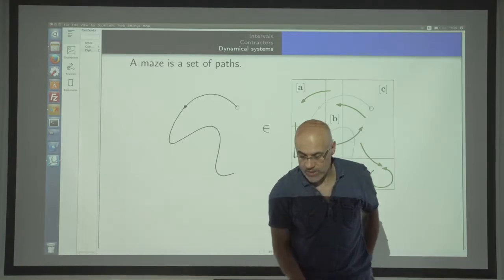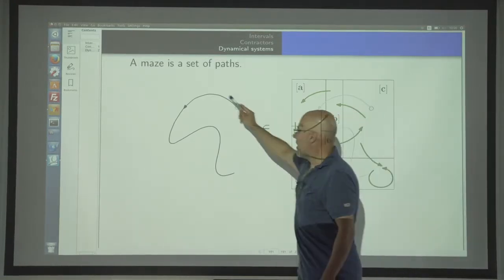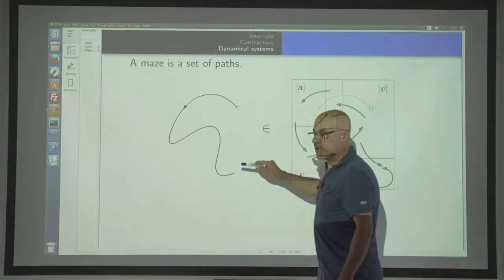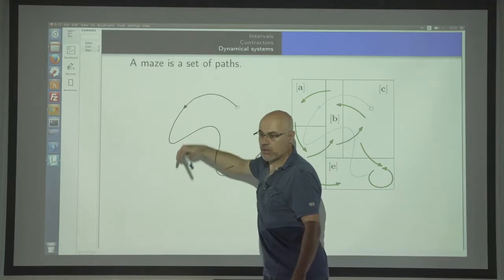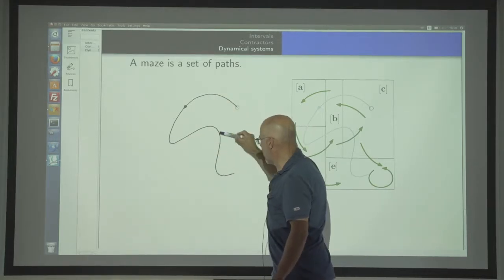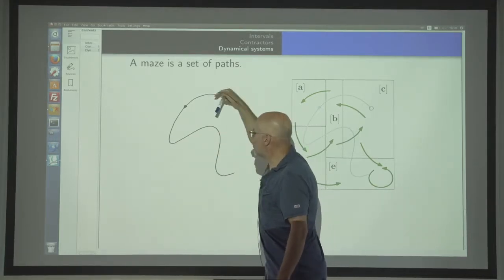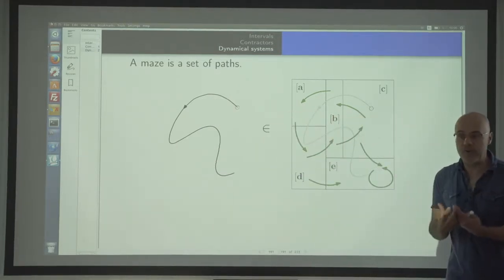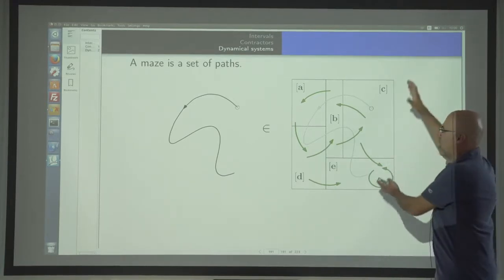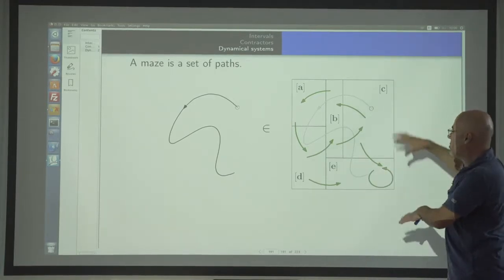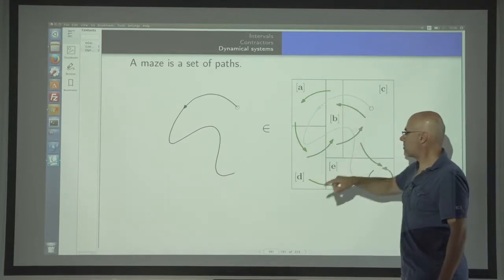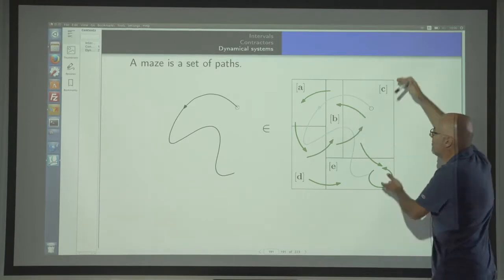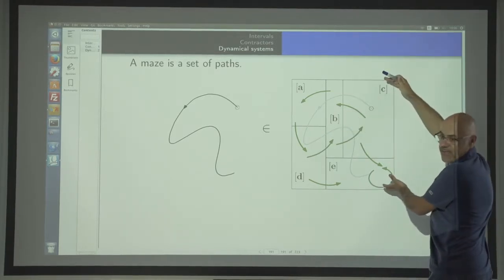So I show you geometrically how it works. Here you have a path, the origin and a path. You don't know where the time is, but there is an orientation. You don't know if you go fast or slow. You just know that you go in this direction. This is a path. If you want to represent inside the machine a set of paths, you can use, for instance, a paving and a road like this. So here you have the path, and it belongs to what I can call a maze.